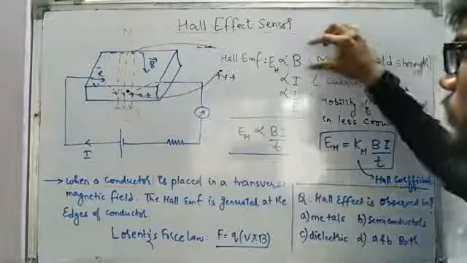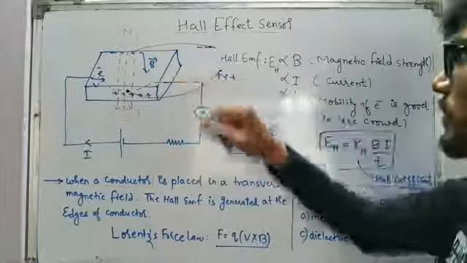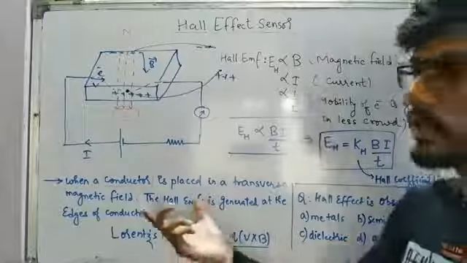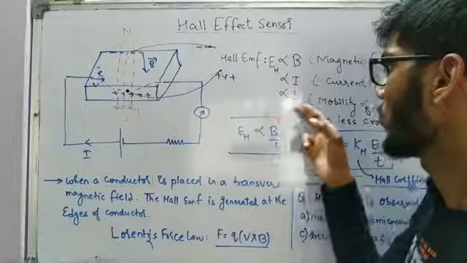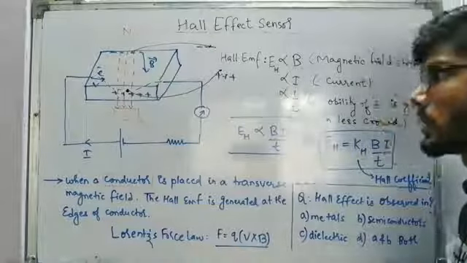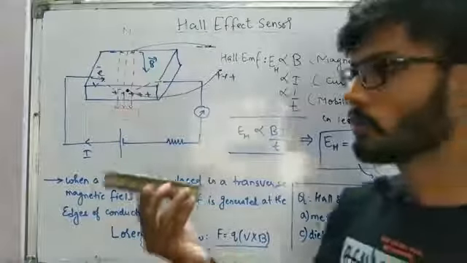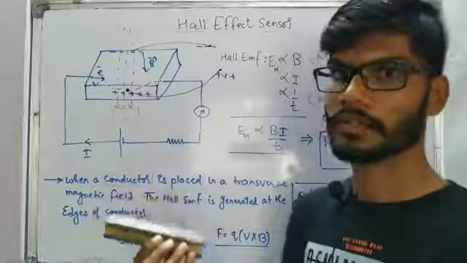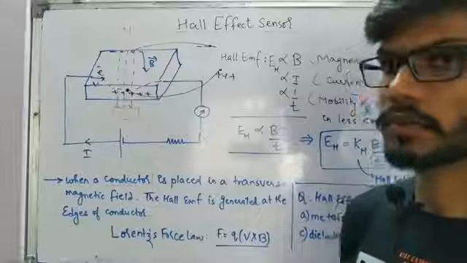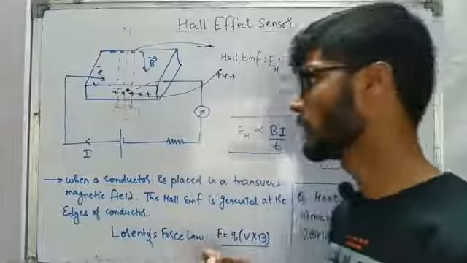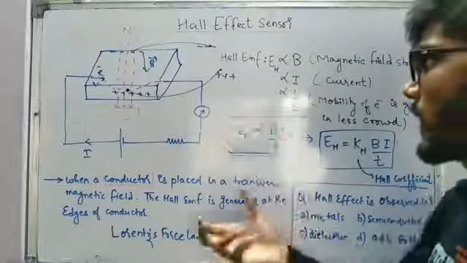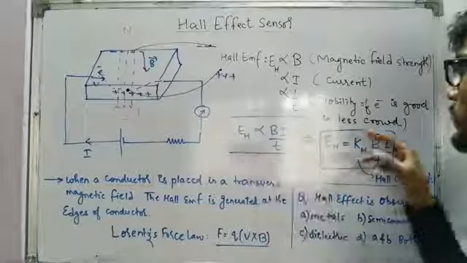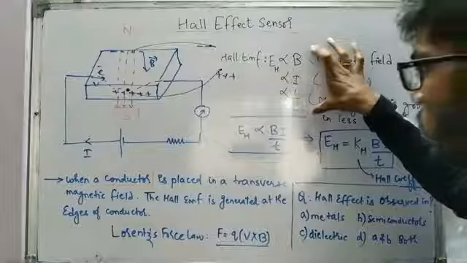The Hall EMF is going to be proportional to the magnetic field strength and the intensity of current which is passing in the path or the circuit, and inversely proportional to the thickness, because if we have a thicker conductor, we are going to have less mobility, because mobility is nothing but ease of traveling. If we have more crowd, we are going to have less mobility. So the lesser the thickness, the higher the mobility, so it is inversely proportional to the thickness. These three factors we have to keep in mind.